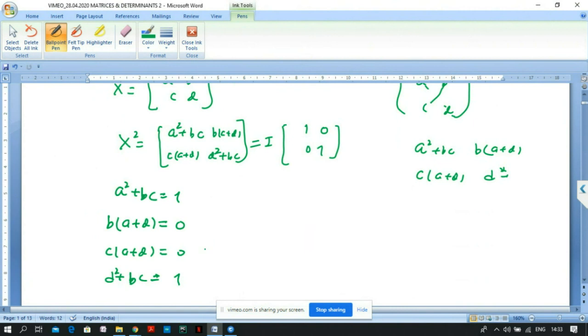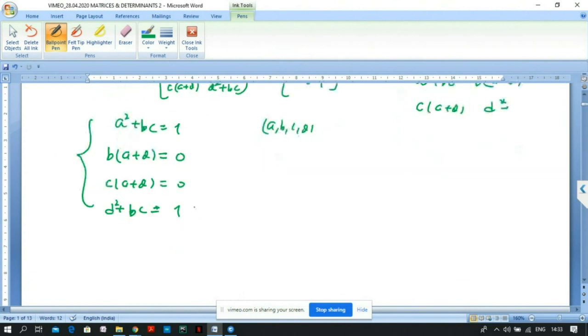Now our job is to get the quadruples A, B, C, D satisfying the system of equations, of course, simultaneously.